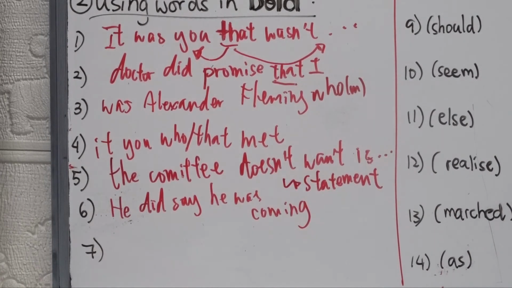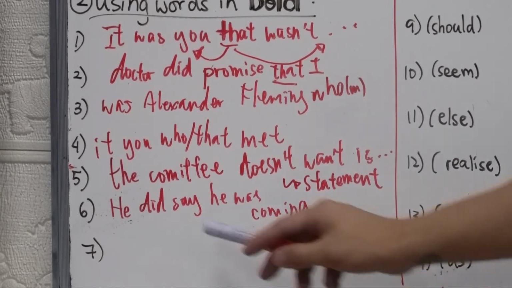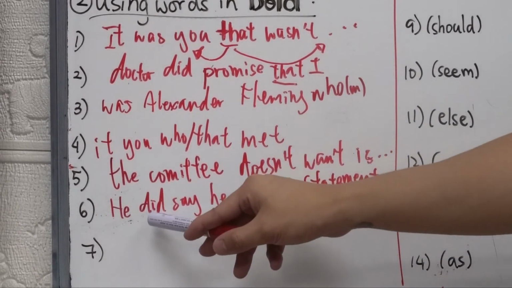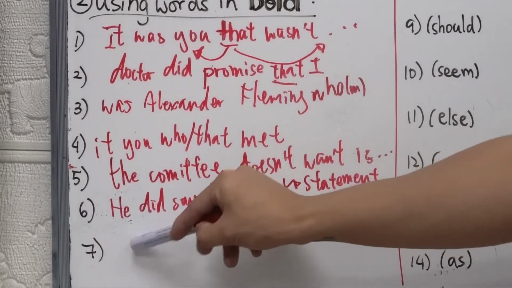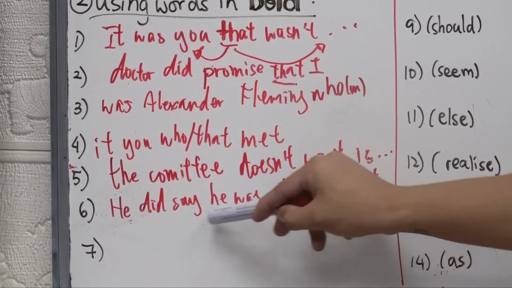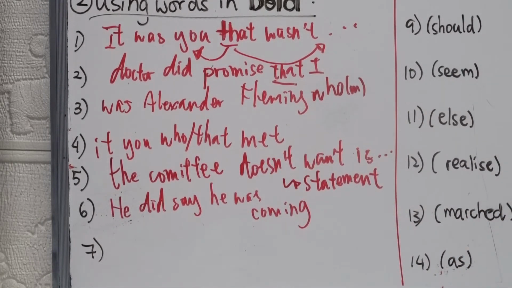"Did" refers to the fact that this is the knowledge of the speaker. "He did say he was coming." And another reference, right? Two references: what the speaker knows, and what the person they are talking about said he was going to do, coming. So it's a double reference, okay? Two references.